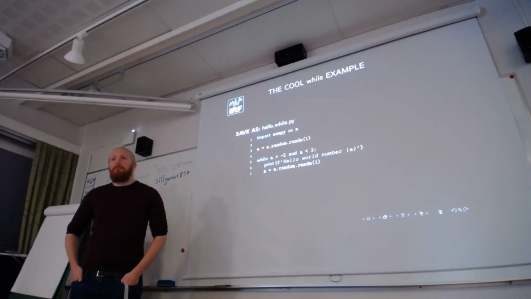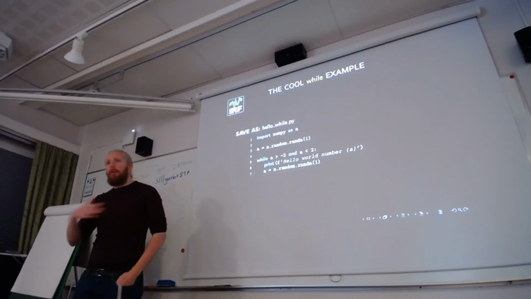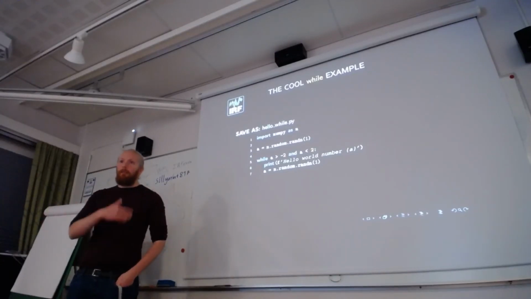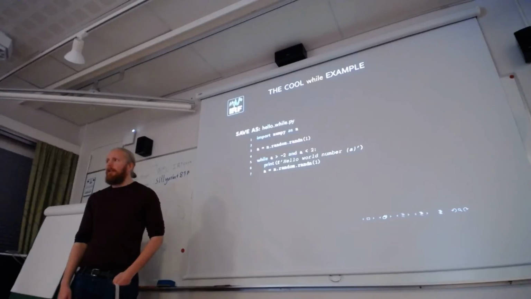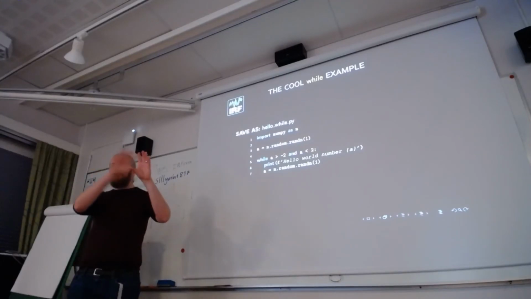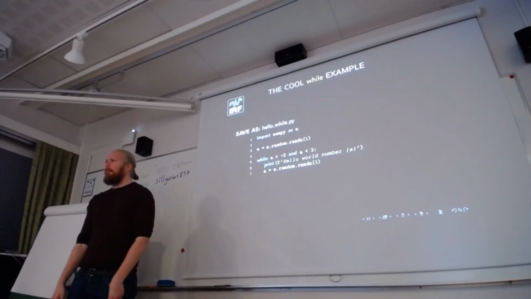If one is not true, then it will jump out. So in Python, the logical operators AND and OR are actually the words and and or, while in C, it's like double ampersand and double straight lines. And I think it's the same in MATLAB.